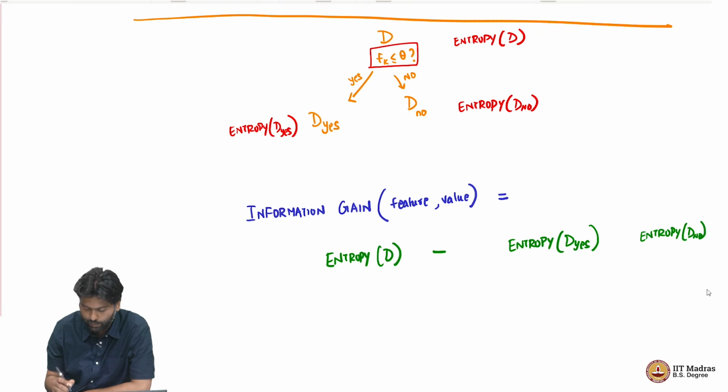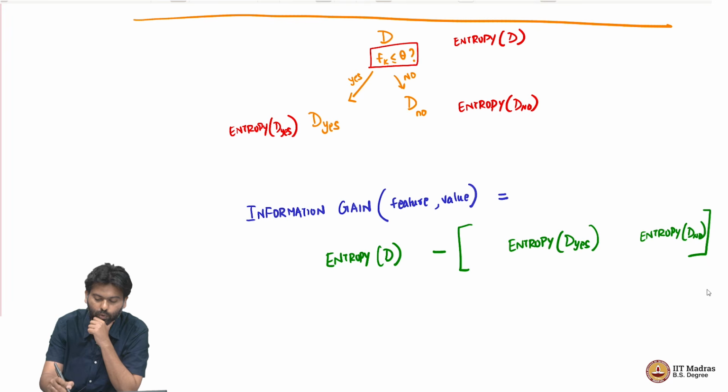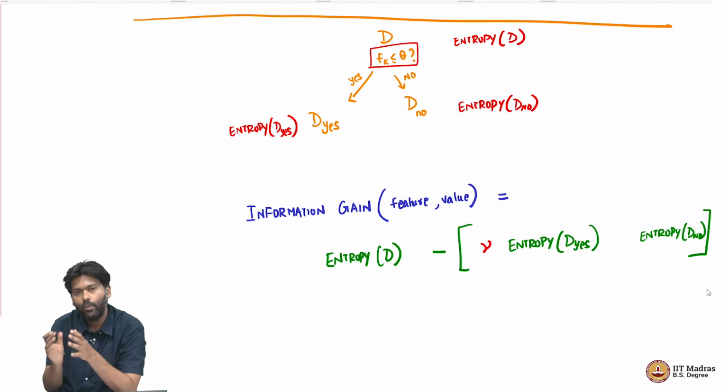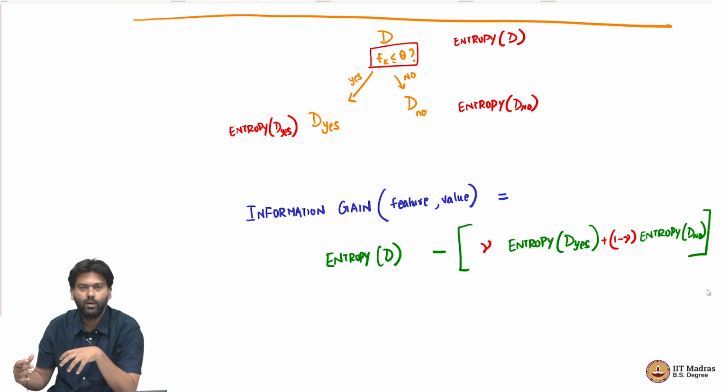I am going to subtract from the original impurity some combination of the impurities of D_S and D_no. What combination am I going to use? I am going to use a combination that depends on how many data points fell on each side.